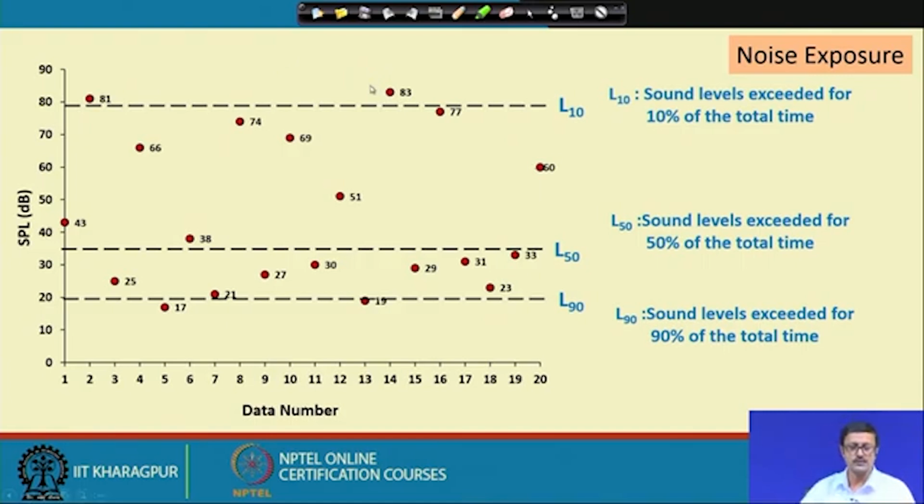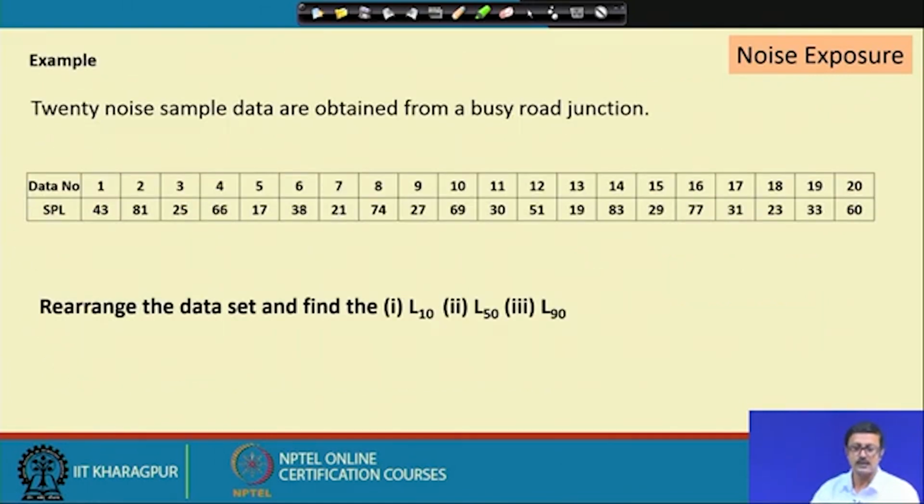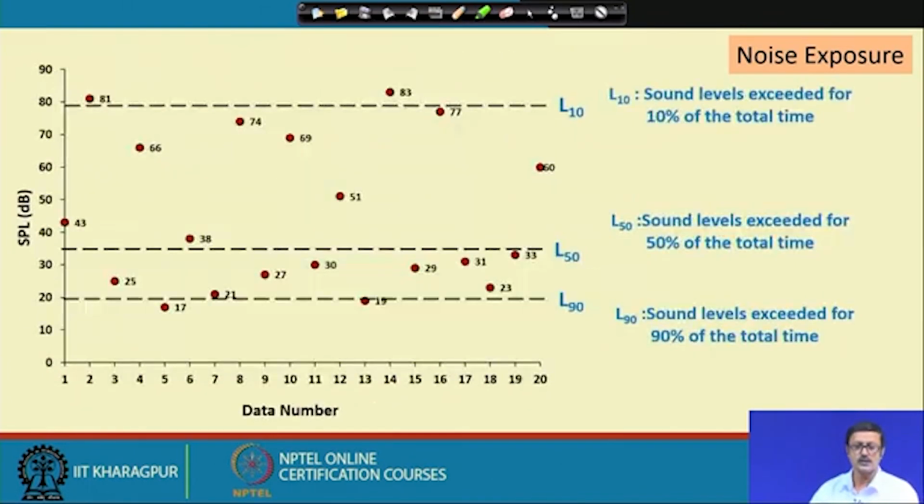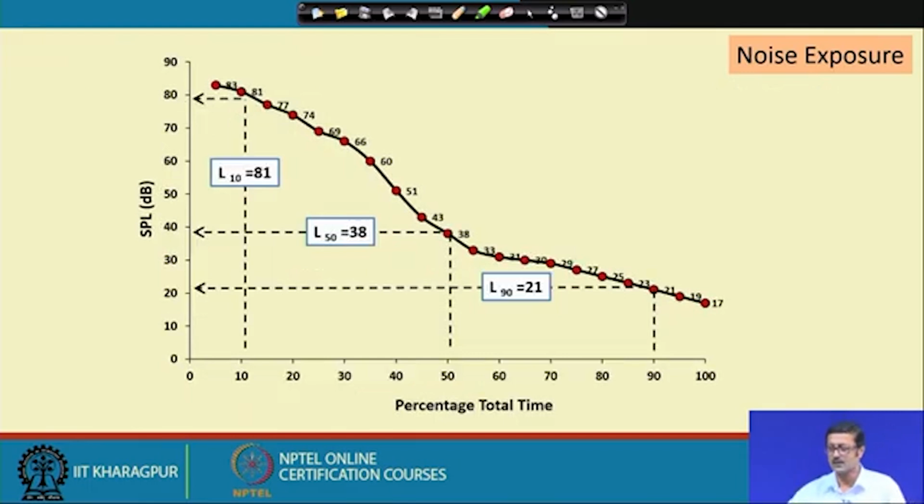So, how can you easily do that? If you have this data, you sort it in descending order, from the highest to lowest. You know the sample is 20 samples, so this is 2.